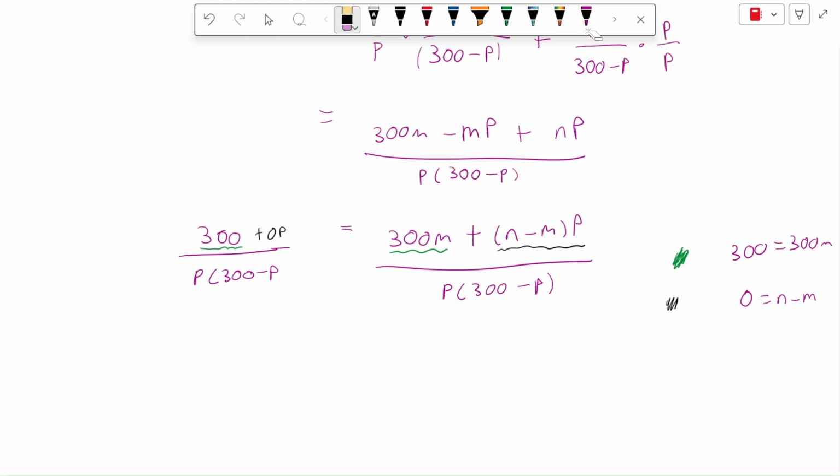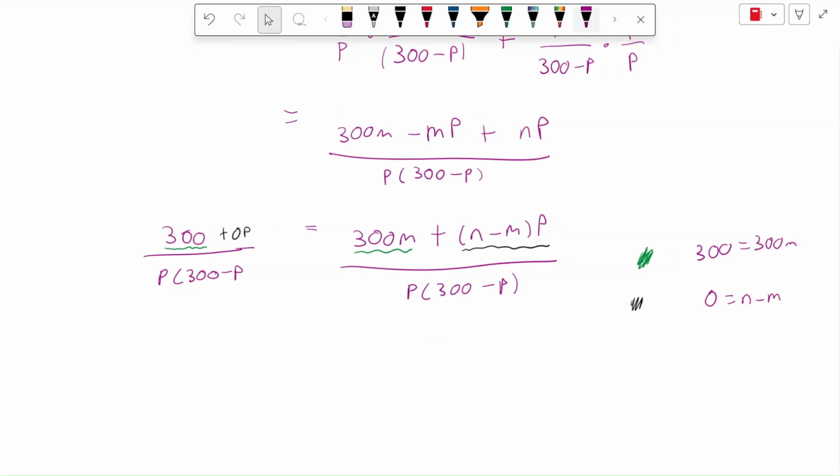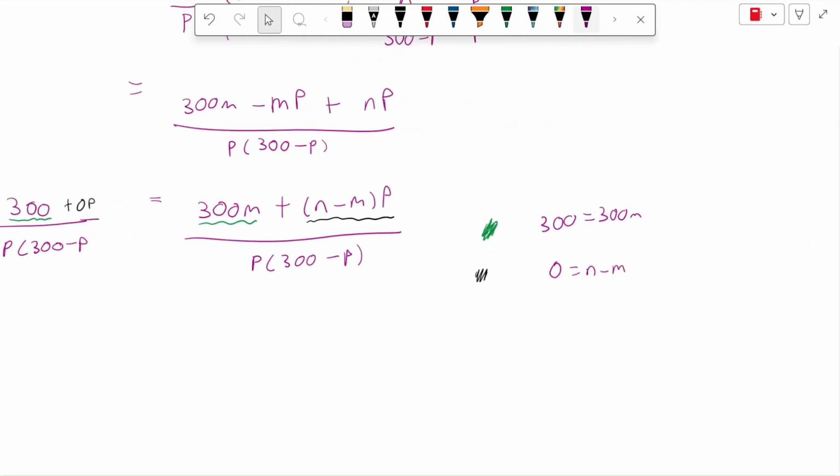So those are your two equations there, from comparing the constant term and the p term, because it's like a linear function on the top. I call this equation 2 and equation 1. From equation 1, we just get that m is 1. And from equation 2, we get that n is m, which is 1.